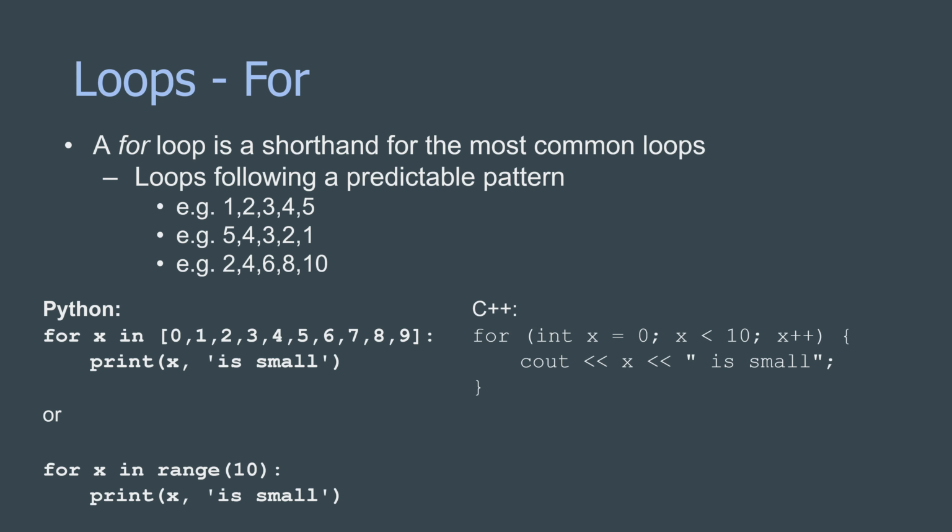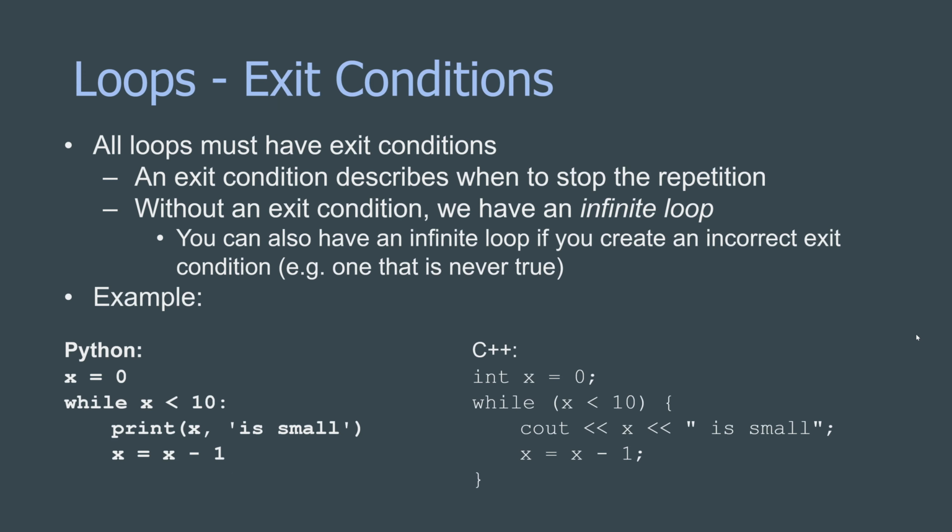You can count it on your fingers up to 10, but not including 10. So that's a total of 10 numbers, 0 through 9. Over here, it's much easier because if you just use range 10, it's saying 10 times. There's going to be 10 numbers in that, 0 through 9. So it's much easier to just repeat a certain number of times in a loop in Python. Just generally, Python loops are simpler.